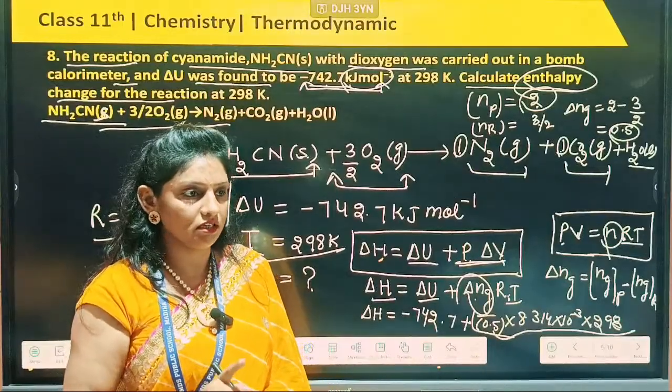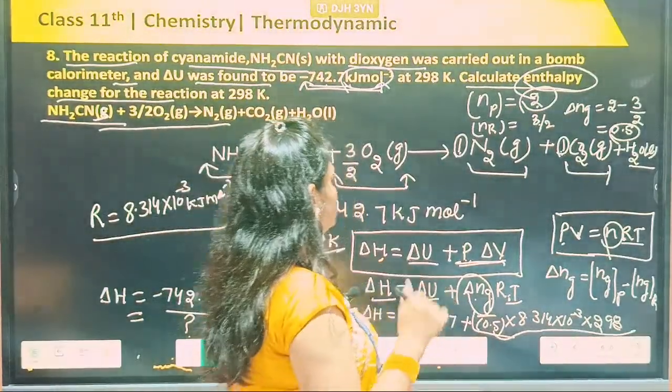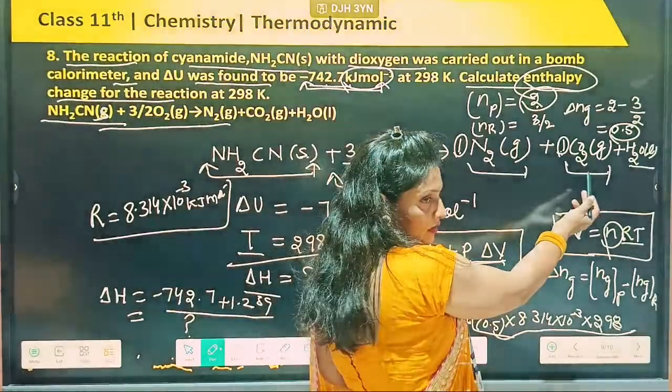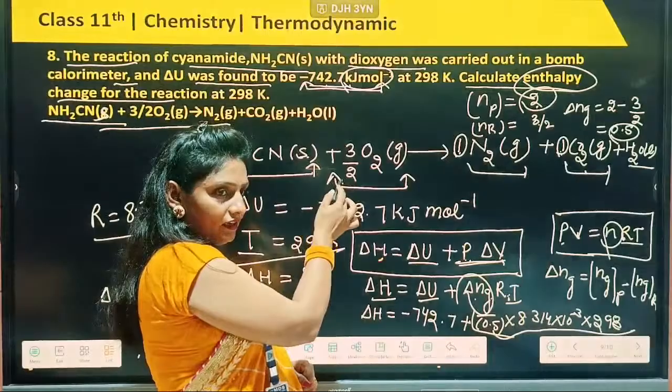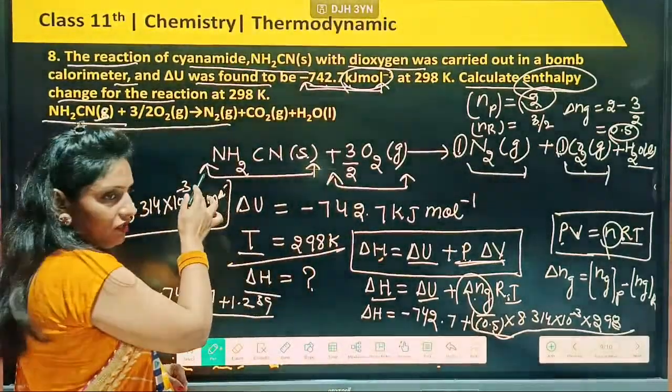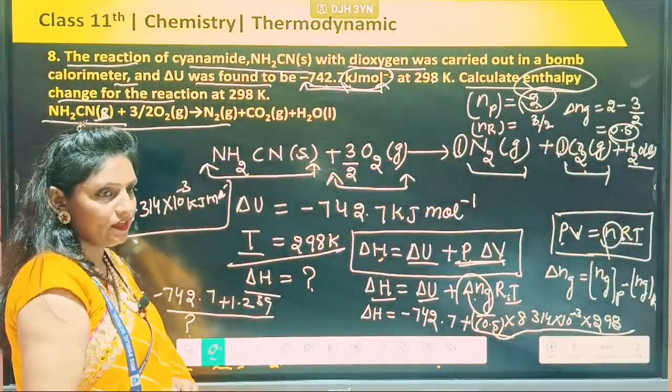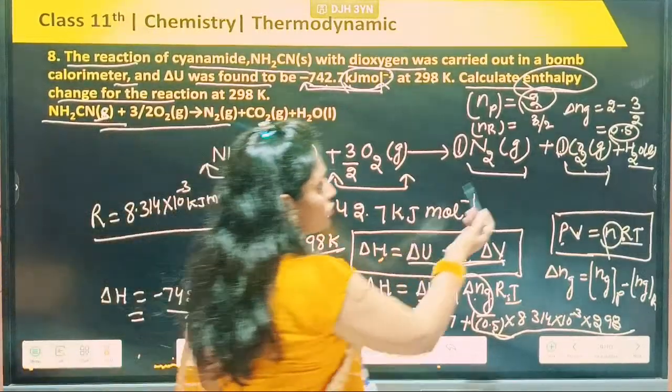Keep in mind, you will consider only the number of moles of gases: moles of gases on the product side minus moles of gases on the reactant side. I am not considering this one because it is in solid state. You will take only moles of gaseous state.